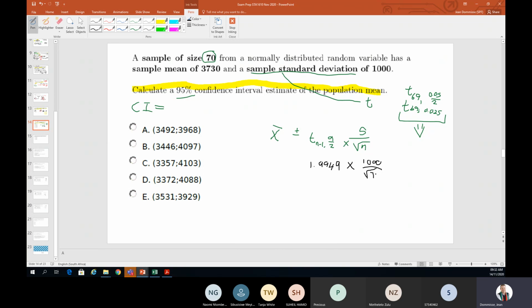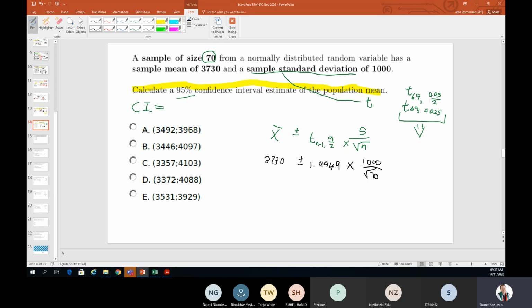Okay, so that is going to be a weird number, plus minus the sample mean of 3,750.